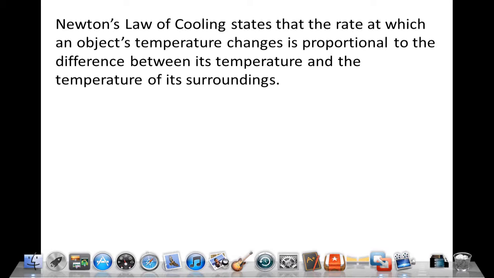On the other hand, if it's a rainy spring day instead, and the temperature outside is about 40, and you throw an ice cube out there, yes, it's going to adapt to the temperature outside, but at the beginning, the rate at which it's changing is not going to be as great.